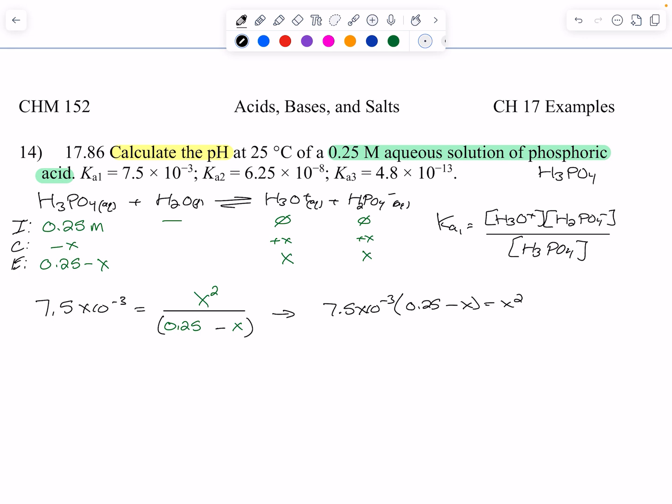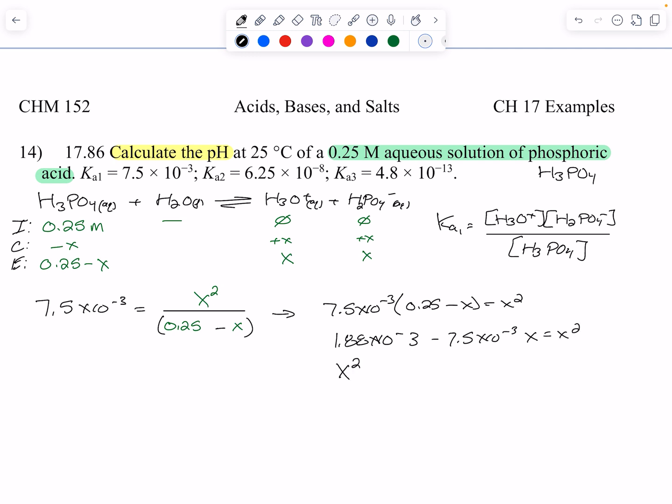Expand, so 7.5 times 10 to the negative third times 0.25. I get 1.88 times 10 to the negative third minus 7.5 times 10 to the negative third X equals X squared.